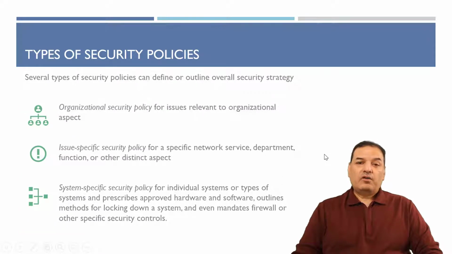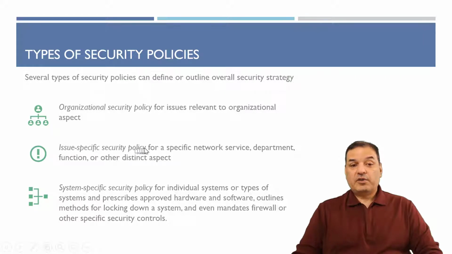Now let's talk about the types of security policies. Several types of security policy can define or outline overall security strategy. Here we talk about three. The organizational security policy deals with issues relevant to organizational aspects.